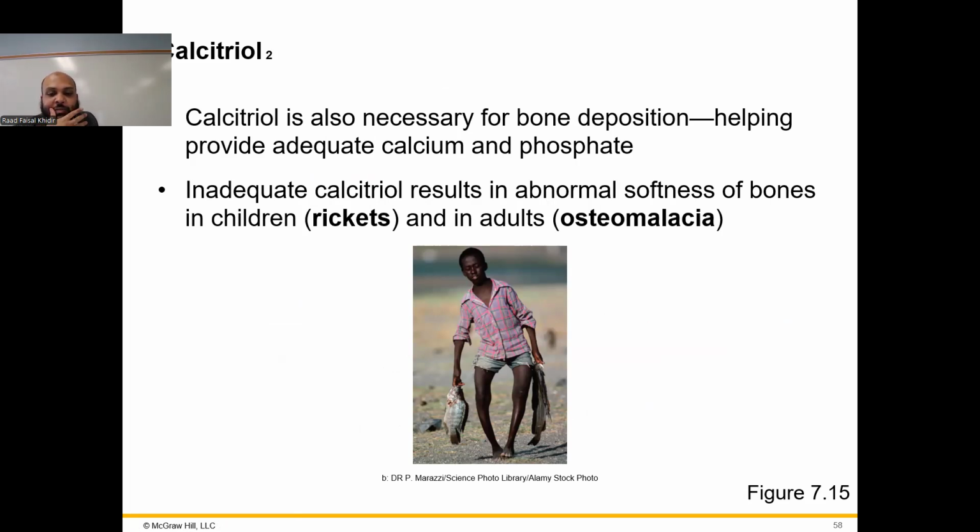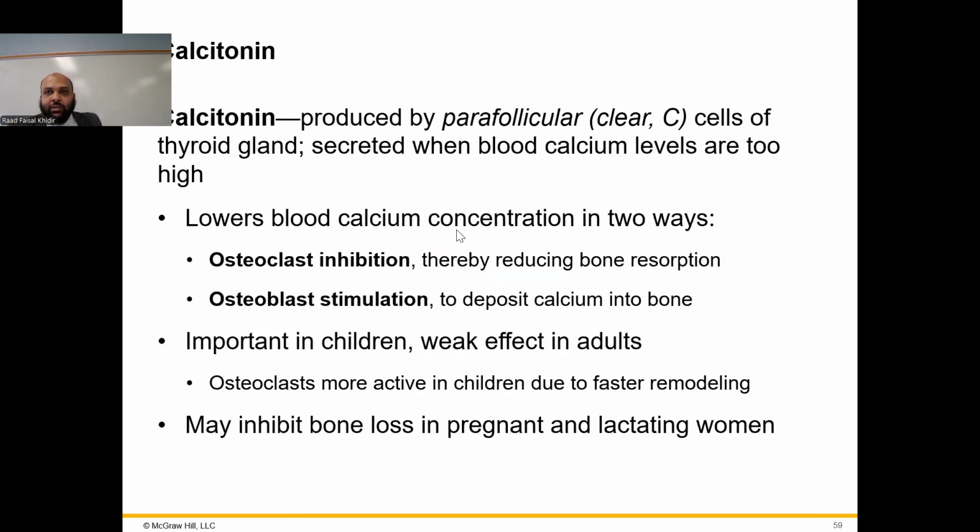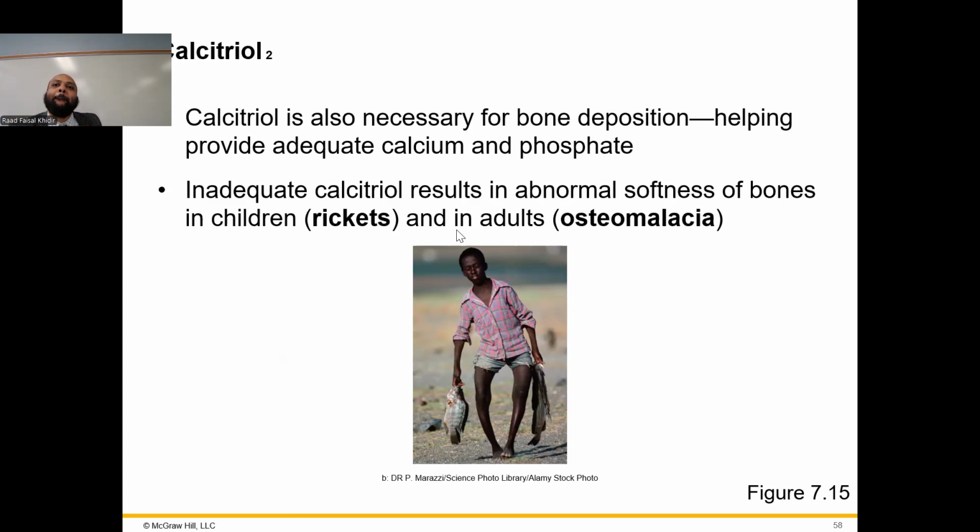So what's the difference between rickets and osteomalacia? They are the same in the sense that they have soft bone tissue. The only difference is rickets happen in children, R with the R. Rickets, children. While osteomalacia, L, adults. Can you become bow-legged as an adult?